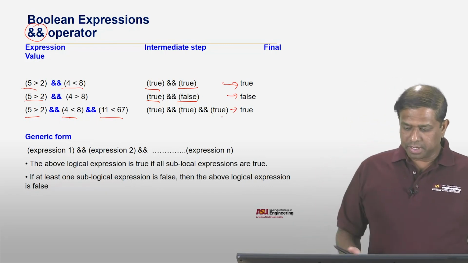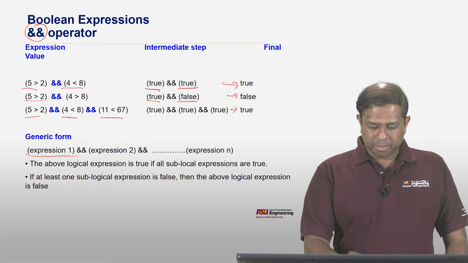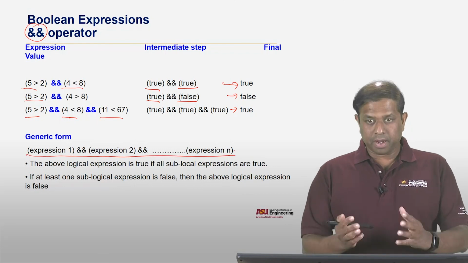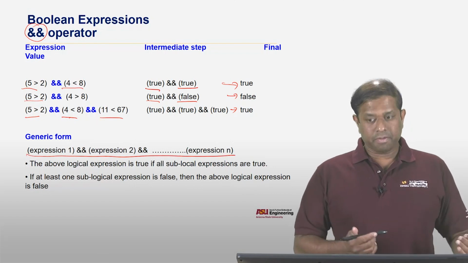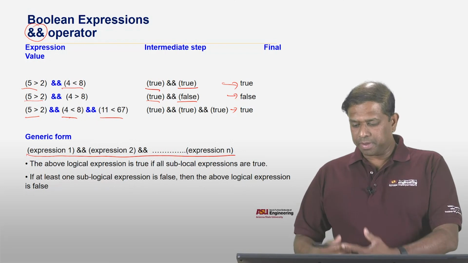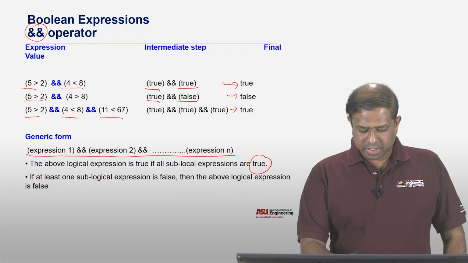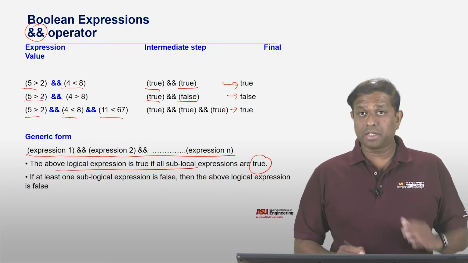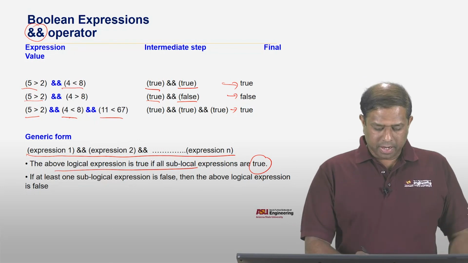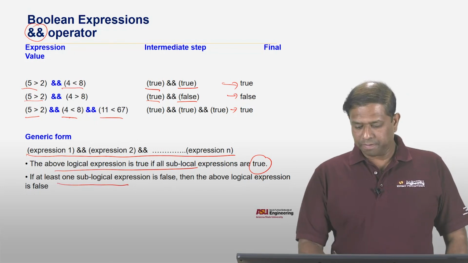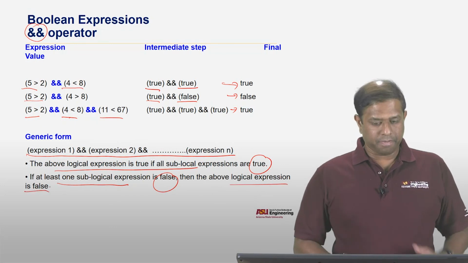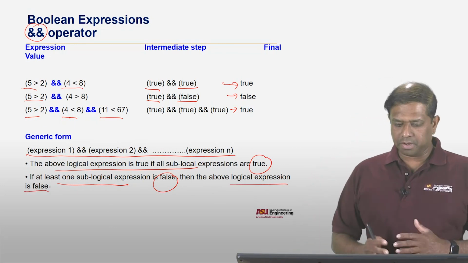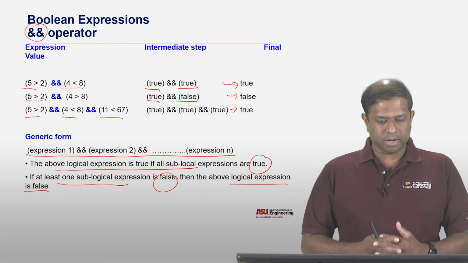So in general, if we have n number of comparison statements combined using AND logic, in order for us to get the final outcome as true, all of these sub expressions have to be true. If at least one sub expression is false, then the whole comparison is going to be false, right? So that's pretty much how the AND operator works.